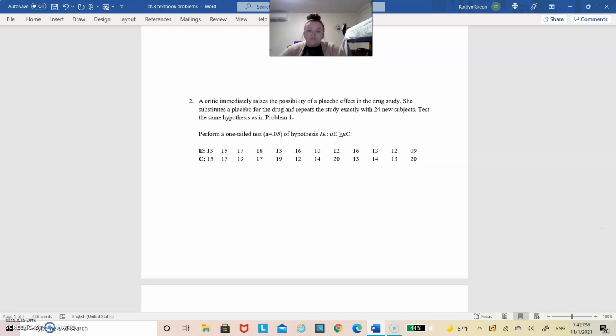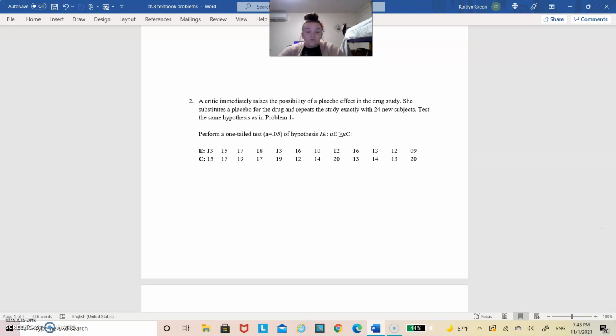And so now all we have to do is set up our hypothesis procedure. It's the same null hypothesis and alternative hypothesis as before. Our alpha is still 0.05. Our t-cal value is the absolute value of negative 2.06. And our t-critical value is still the same at 1.72.